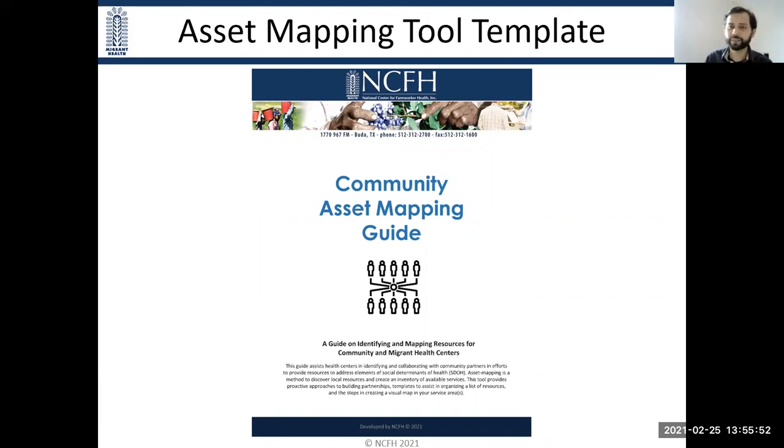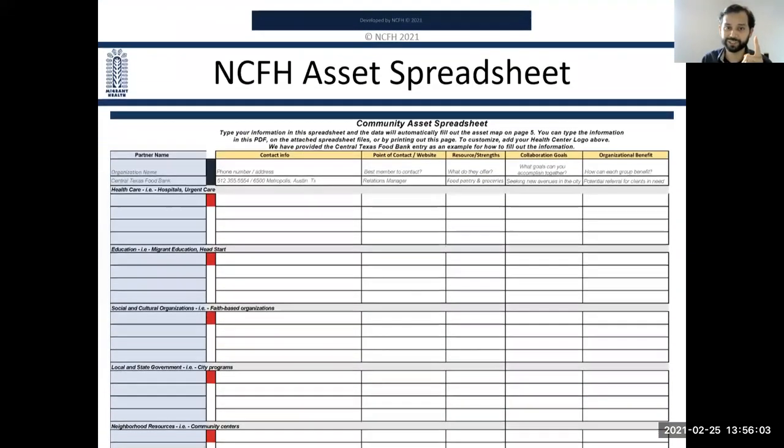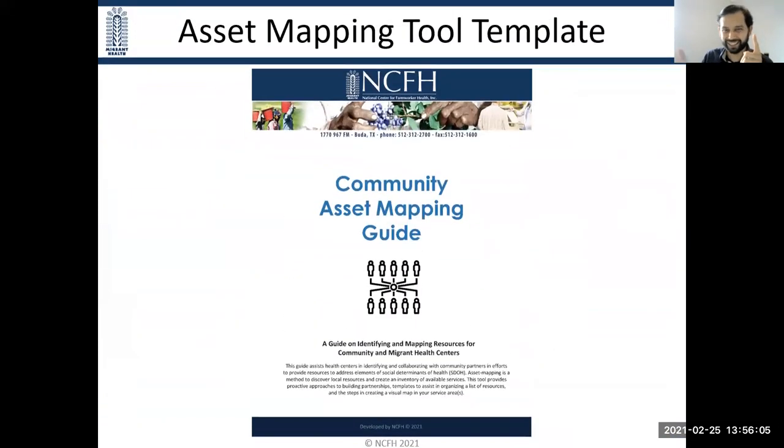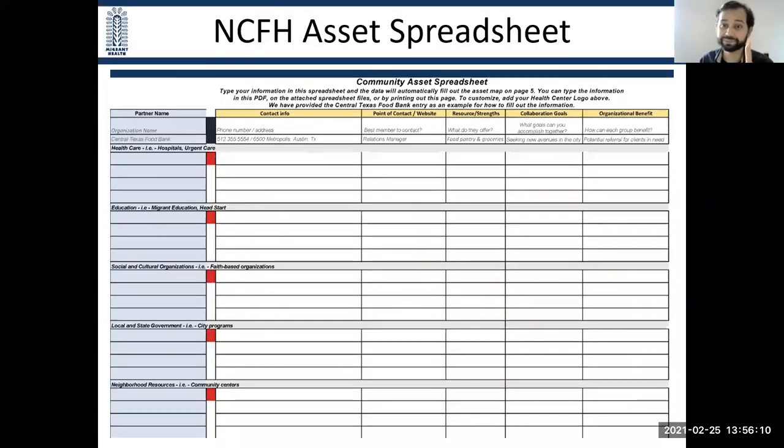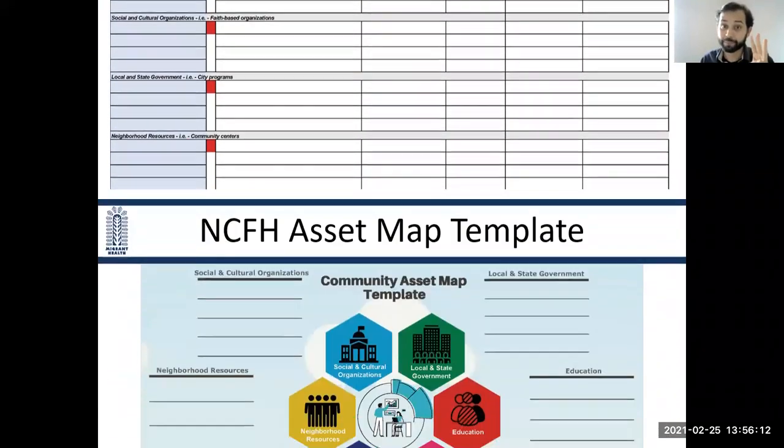Now, I'd like to demonstrate the community asset tool live. So first of all, let's just take a quick glimpse and a synopsis. This tool comprises an overview of asset mapping, an asset spreadsheet, an asset map.